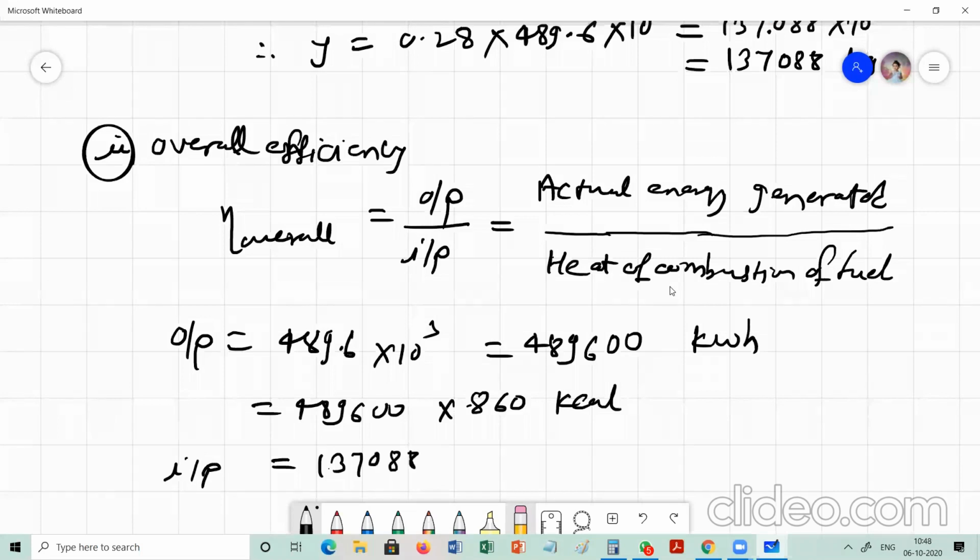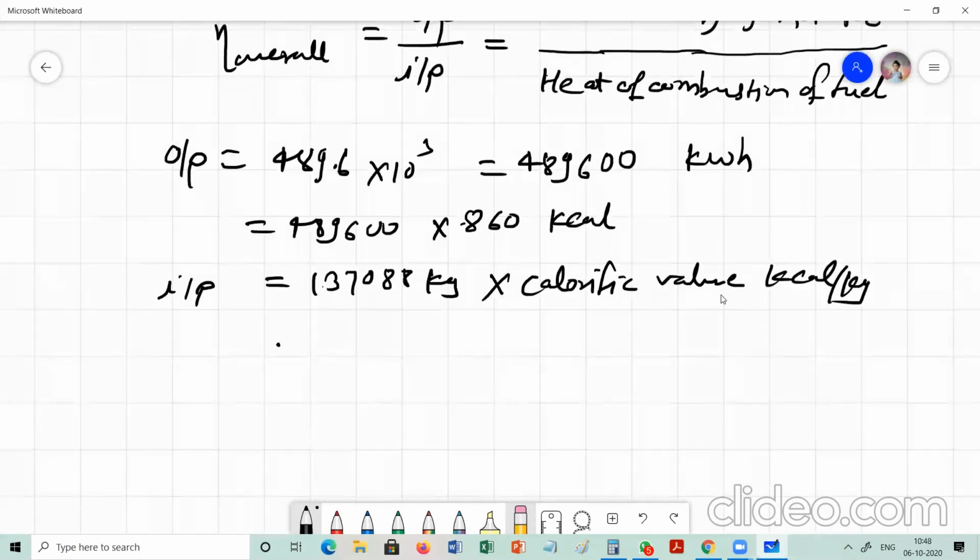Similarly, input we have calculated is equal to 137,088. This amount of fuel is burned. This is the mass of fuel, and it has to be multiplied by the calorific value, which is given in kilocalorie per kilogram.